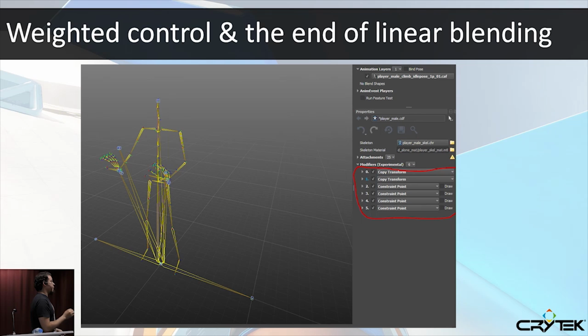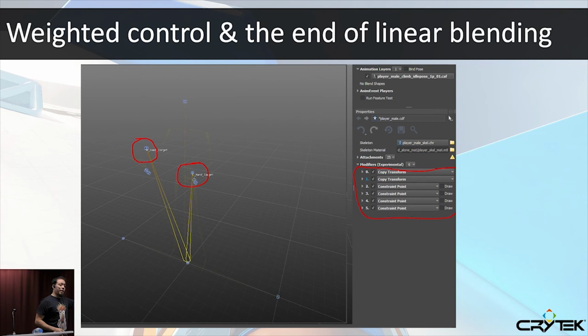The pose modifiers are basically a very simple but brilliant idea of having IK-driven transforms, but completely controlled and data-driven. What this means is this is the skeleton that you see for the player, and if we take it out, you see that we have right hand and left hand targets. These right hand and left hand targets are what the game code communicates to these pose modifiers and to this skeleton layer as to where the hands should be.